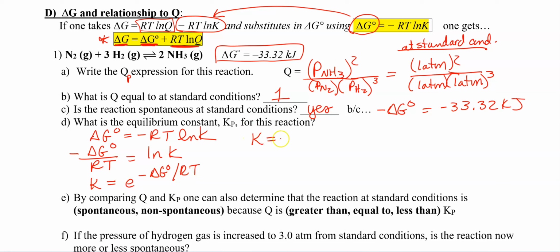K is equal to e to the negative delta G naught, which is negative 33.32. And I'm going to get rid of my units. Everything needs to be in kilojoules though, so it's all consistent. Those are kilojoules there. We're going to divide by RT. Now, R is the gas law constant, but we need the one that's in kilojoules, not the one with the atmospheres, not the 0.0821.